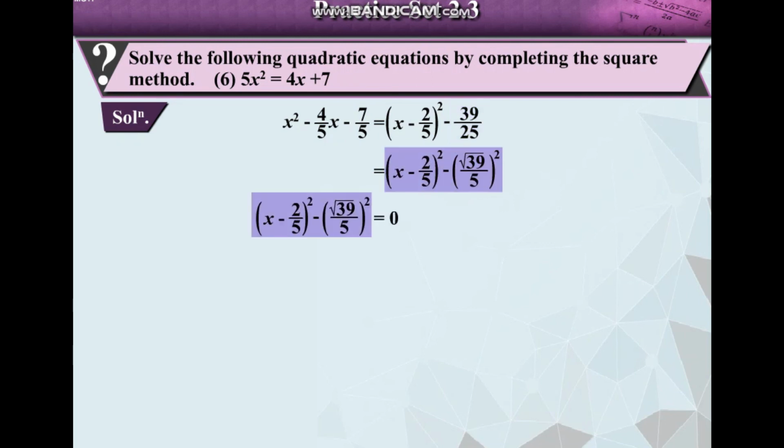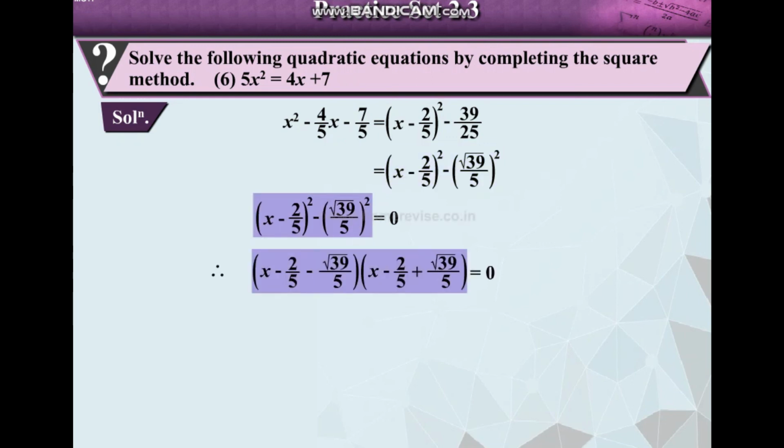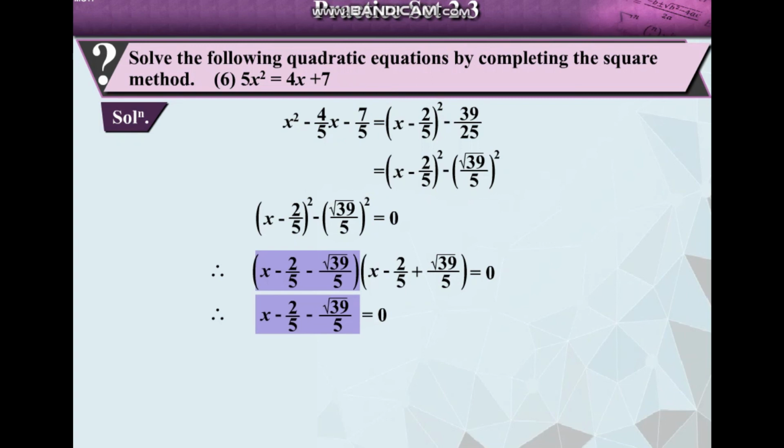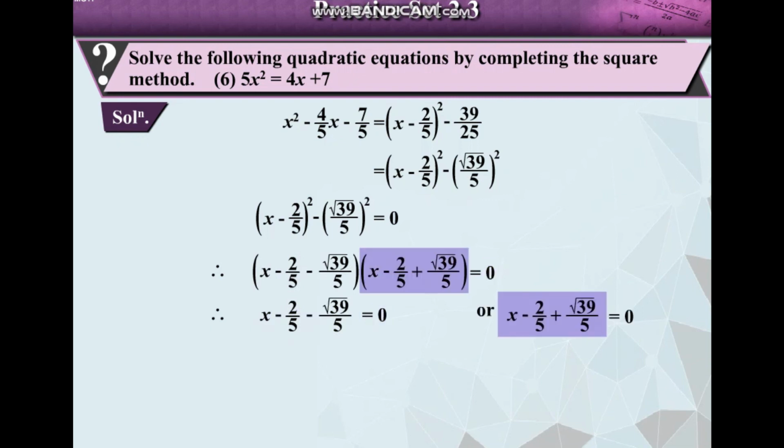Therefore, x minus 2 upon 5 the whole square minus root 39 upon 5 the whole square is equal to 0. Therefore, x minus 2 upon 5 minus root 39 upon 5 multiplied by x minus 2 upon 5 plus root 39 upon 5 is equal to 0. Therefore, x minus 2 upon 5 minus root 39 upon 5 is equal to 0, or x minus 2 upon 5 plus root 39 upon 5 is equal to 0.